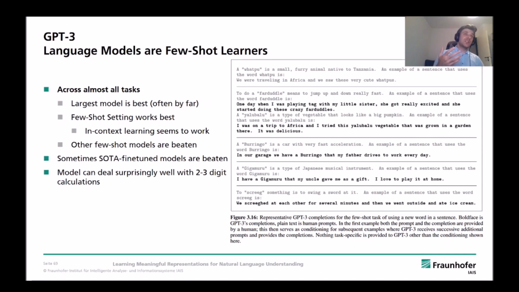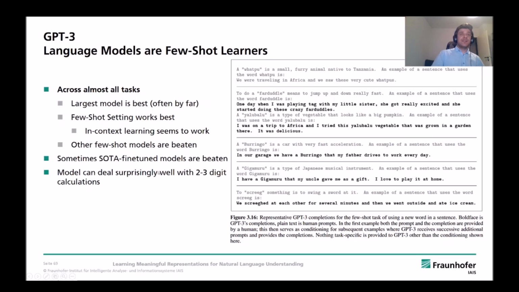The few-shot setting works best, but the zero-shot model is almost always better than all other zero-shot or few-shot models, which were trained particularly on these tasks. And sometimes even the state-of-the-art fine-tuned models for tasks are beaten, which is insane.